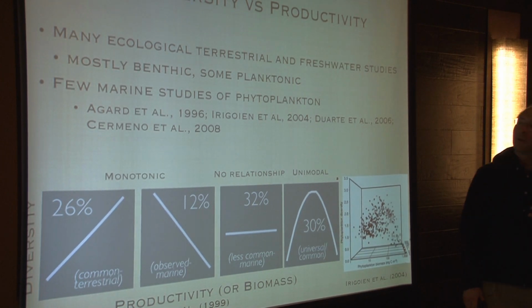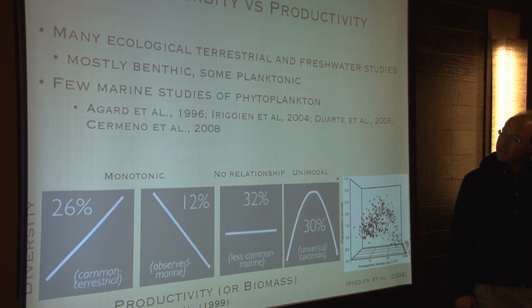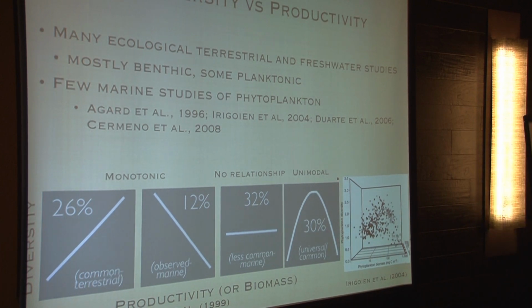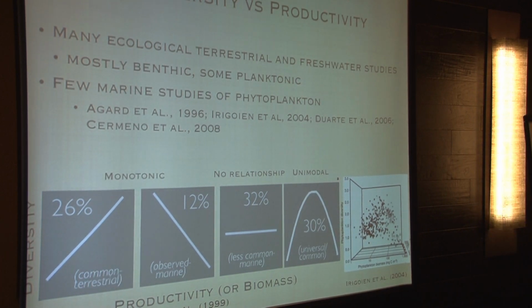Okay. We were motivated by terrestrial and freshwater studies such as these, where people have tried to quantify how biodiversity varies with productivity. And it seems to me, in the ecological literature, which I'm not an expert in, that there is no consensus view on this topic.